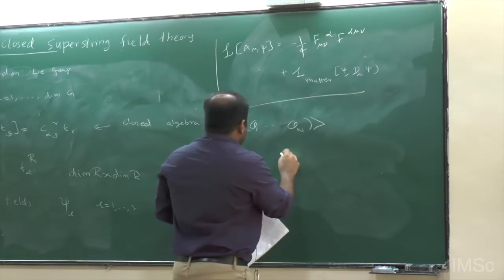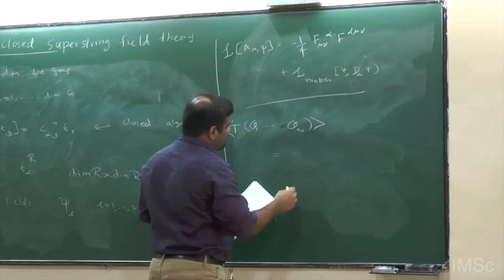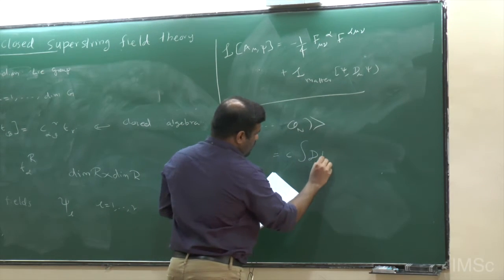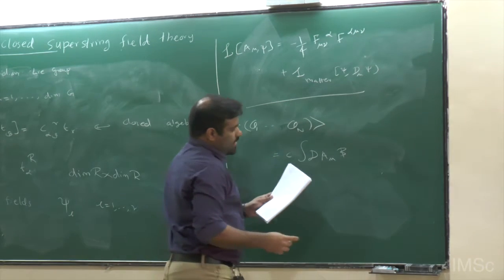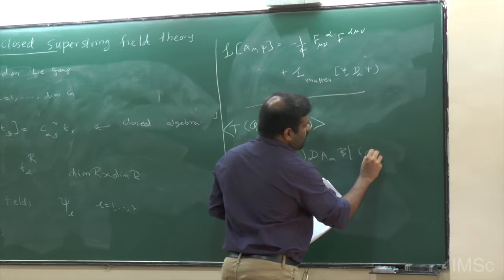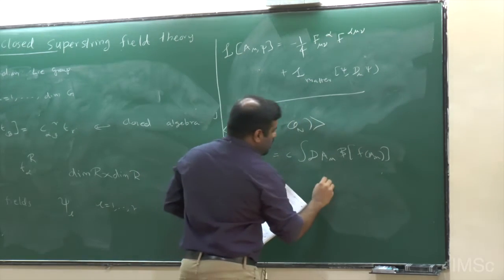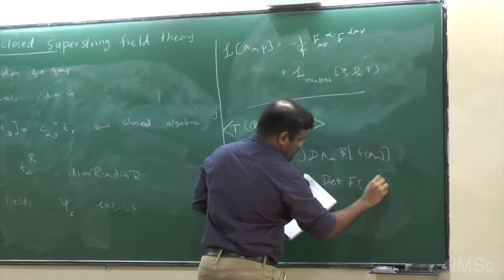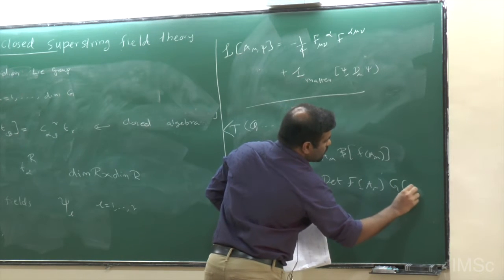And you can define this time ordered correlation function using a path integral, and that's given by a constant times the path integral over dA mu and a function b of f alpha, and then a piece, determinant of f alpha and G A mu. I will explain each piece.